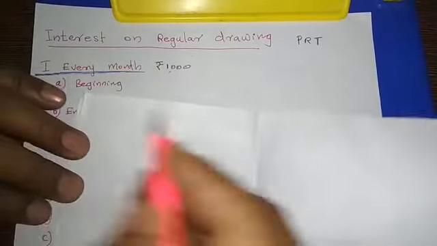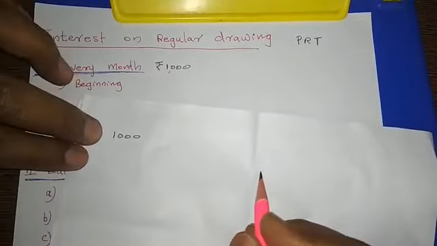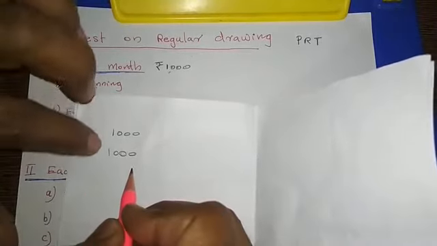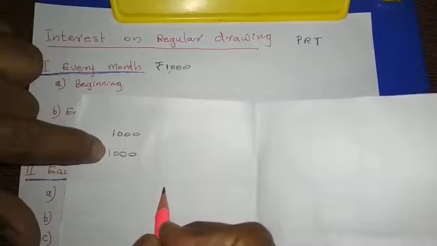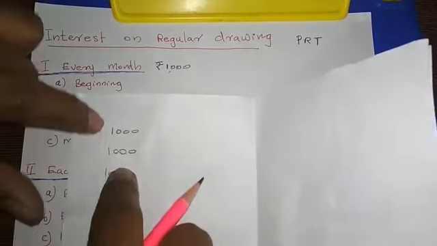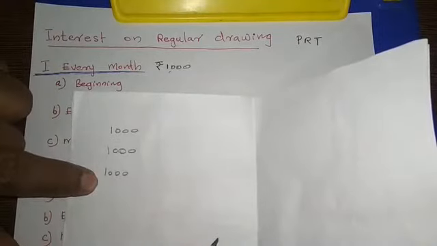When calculating the interest, for the first month he withdraws 1000, so we have to calculate interest on that drawing. The second month also he withdraws, so for this also we have to calculate interest. And the third month, up to 12 times, we have to write that amount and calculate the interest on drawings.